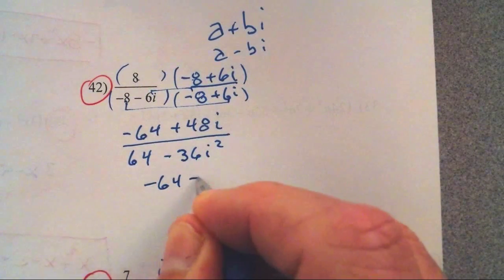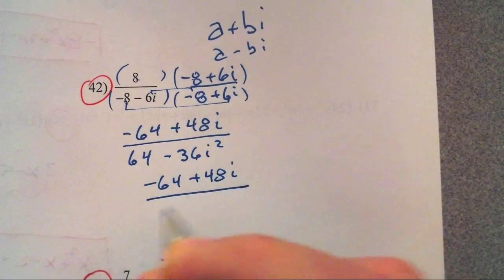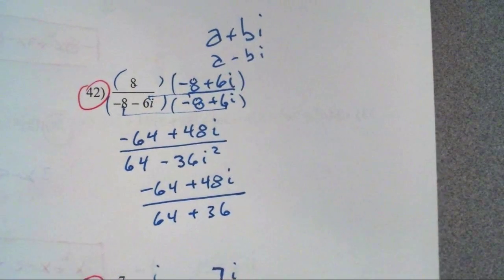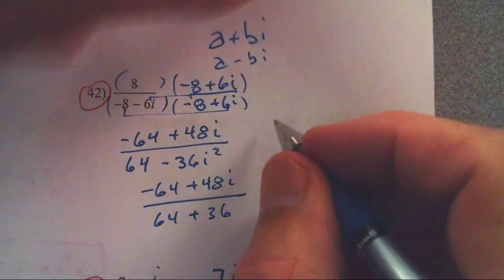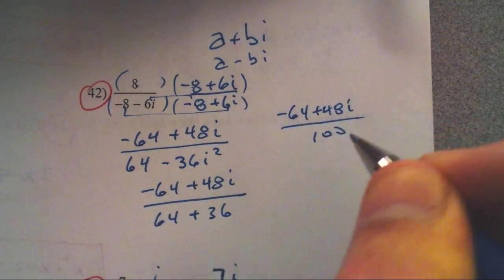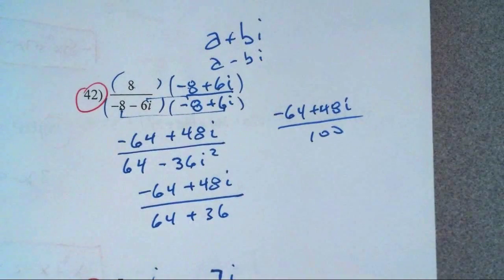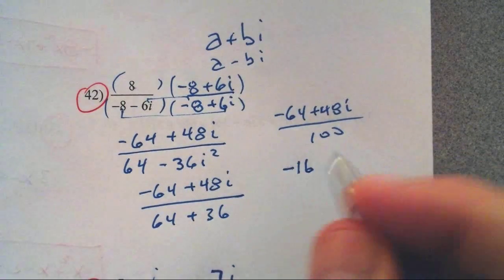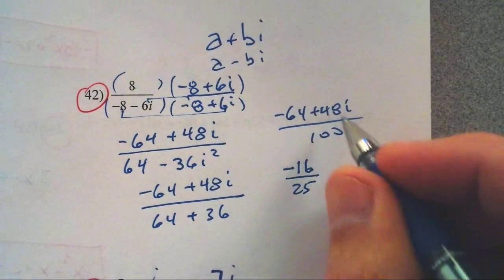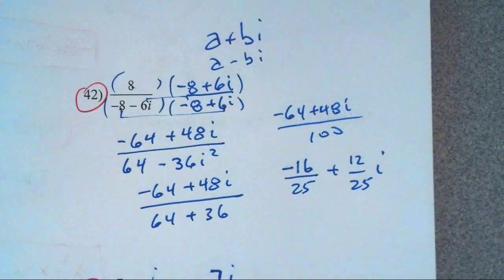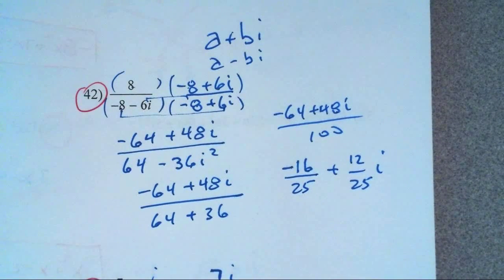Or negative 64 plus 48 i's on 64 plus 36, right? Or negative 64 plus 48 i's on 100, and now I got to pay the price, I got to reduce. Absolutely no doubt about it, these guys can reduce by 4 for sure. So I get negative 16 on 25, plus 12 on 25i. Is that okay?